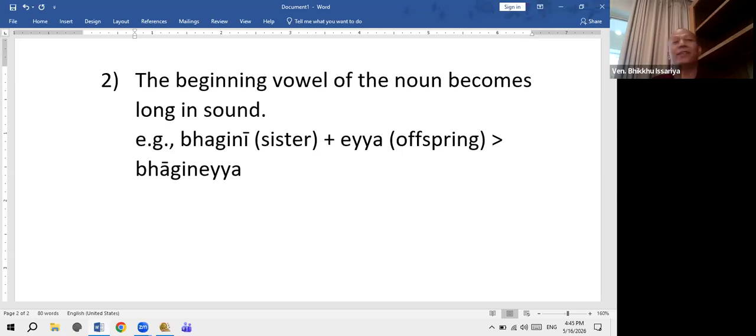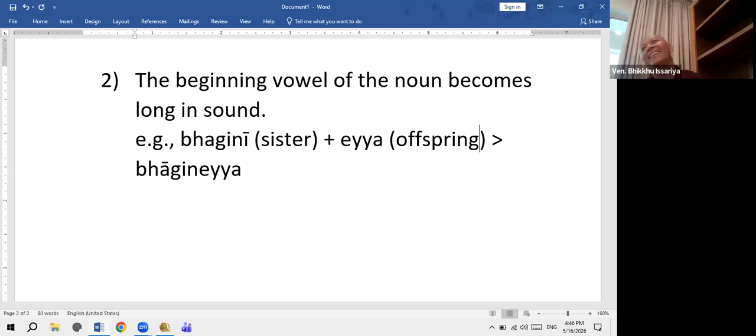So how do you understand Bhagineyya? Offspring of the sister, child of the sister, maybe son of the sister. Niece or nephew. You're right.